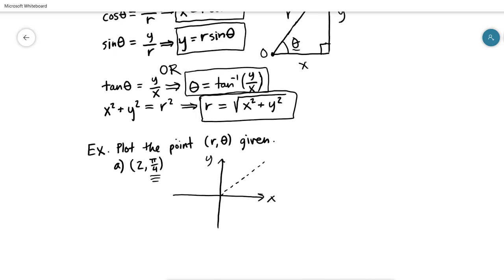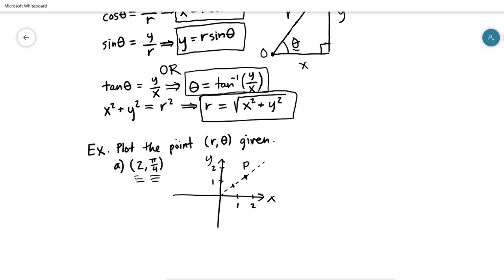And then we consider how far we want to go in that direction, a distance of 2. So hypothetically, if this is 1, this is 2, we would go out that same distance in this direction, so there's 1 and 2, and that would put us right around here at this point.